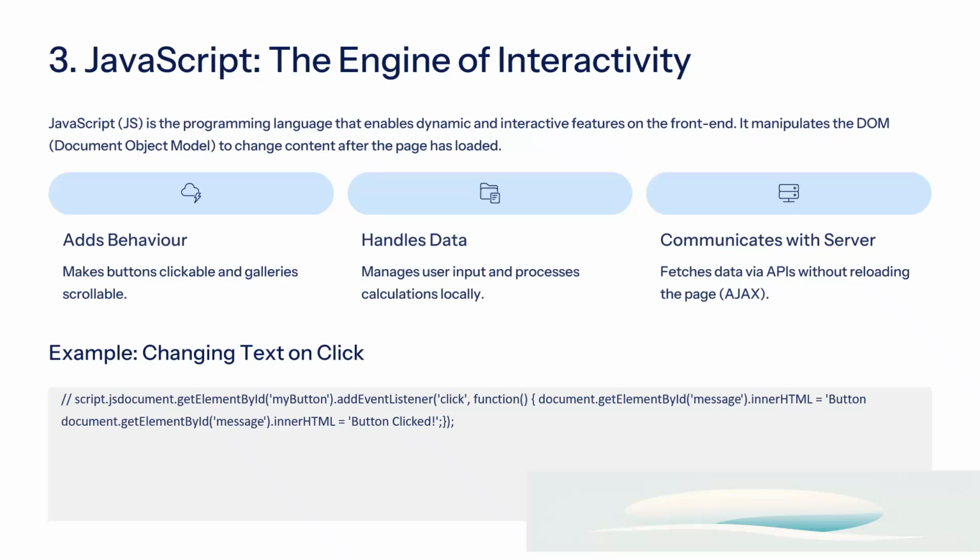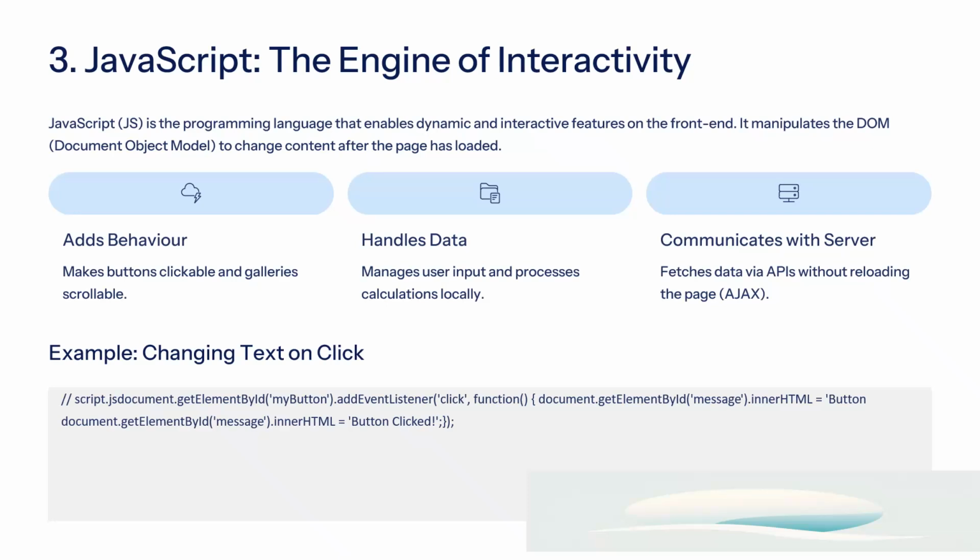It can process user input, perform calculations, and even store or update information locally in the web without needing to reload the page. For communication with servers, using techniques like Ajax or the Fetch API, JavaScript can send and receive data from the servers in the background, allowing for a smoother and faster user experience.